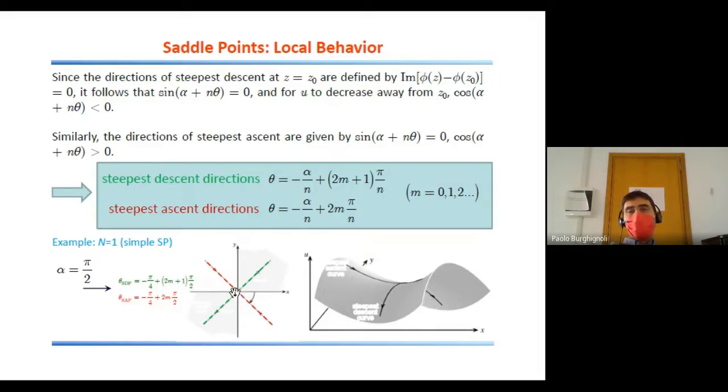So those are the bisectrices of the second and fourth quadrants. And this is the typical situation around a simple saddle point. Okay, we have two directions of steepest ascent, which are alternating with the directions of steepest descent.